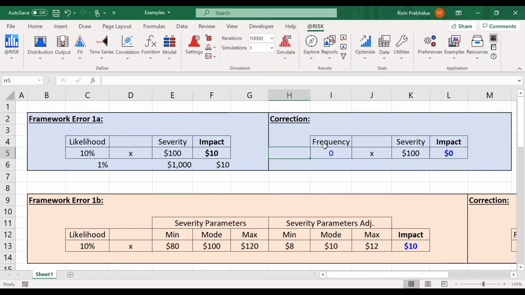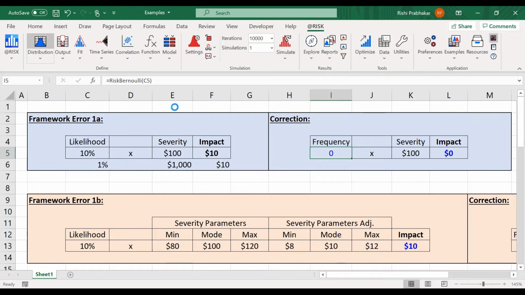So in this particular case, what's missing? What's missing is that the likelihood, if it exists, and more on that in a moment, is a parameter of a function that will then be used in a model, as opposed to being used directly in the model. Here it's being used, turns out that's wrong. Here this 10% is used as a parameter in a Bernoulli distribution.